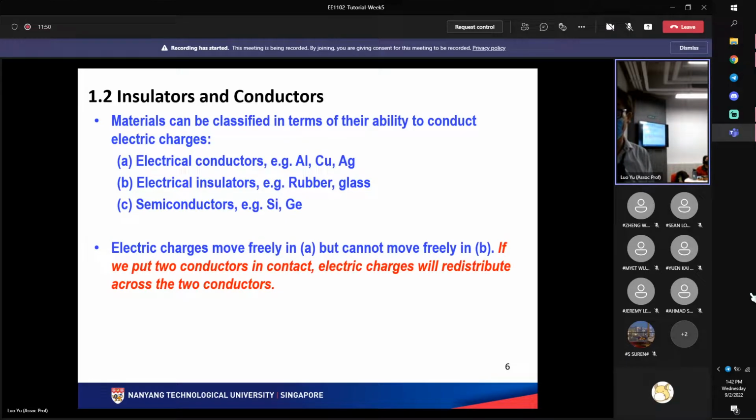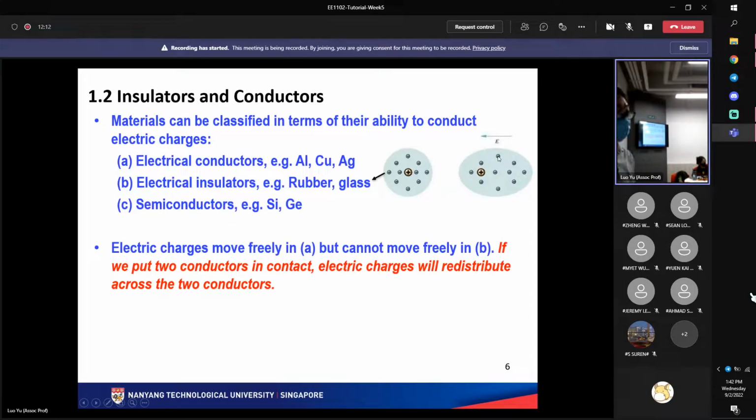In most cases, we will have the insulator. So what does insulator mean? In an insulator, the electrons are all bounded by the atom. Even if you apply an electric field, you will only shift the negative electron a little bit from the atom, but you cannot completely make it free.